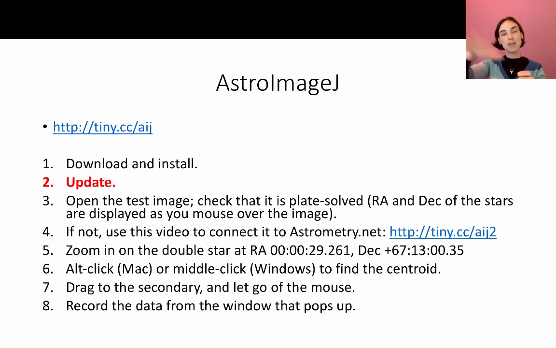And then holding down the mouse, you drag to the other star, the one right next to it, and let go of the mouse, and then there'll be a window of data that pops up, and you have to find one of those data values to enter into your homework sheet to show me that you actually got this process working. If it doesn't work, check out this video, which is another Astro ImageJ video that'll help you get up to speed on how to get Astro ImageJ to plate solve an image and find a star.